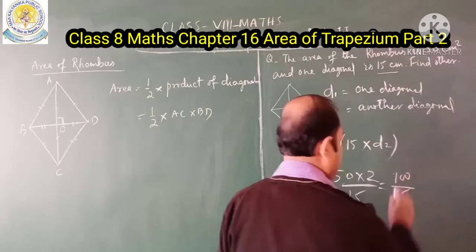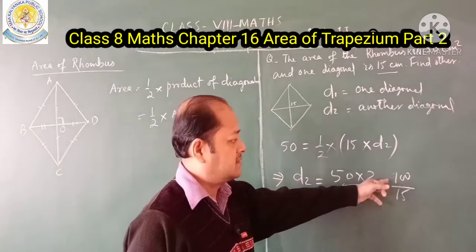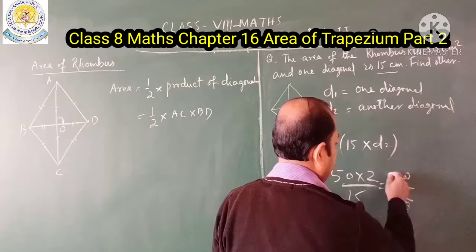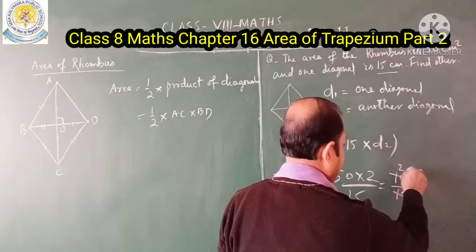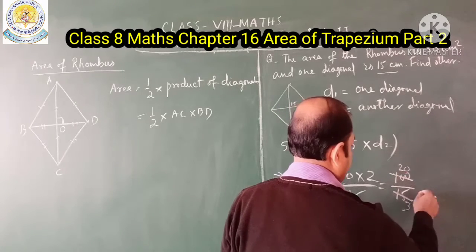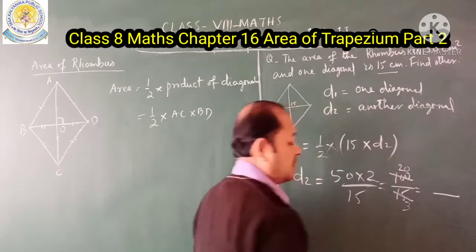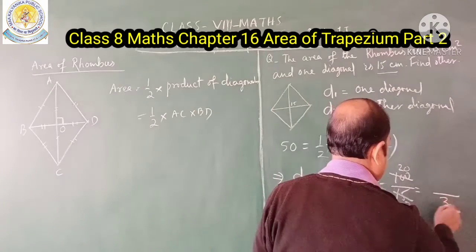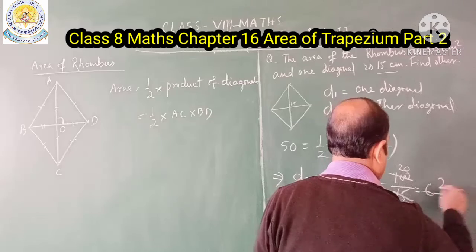100 upon 15. It is divided by 5. 5 threes are 15 and 5 twos are 10, so we get 20 upon 3. Make 20 upon 3 into a mixed fraction. 3 sixes are 18, and the remainder is 2.